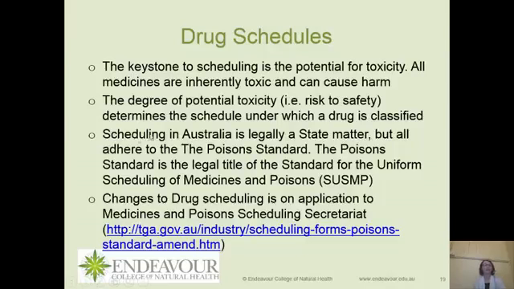And that will determine what schedule and therefore what access, and will also then affect classification of that drug. So in Australia, scheduling is a state matter, but we have decided to come up with a uniform system, as there were some differences between states for the same substance. So now with this standard for the uniform scheduling of medicines and poisons, the current document that is used by the TGA and other health authorities, state and Commonwealth, we have ways then of controlling all poisons, including those that are therapeutic.